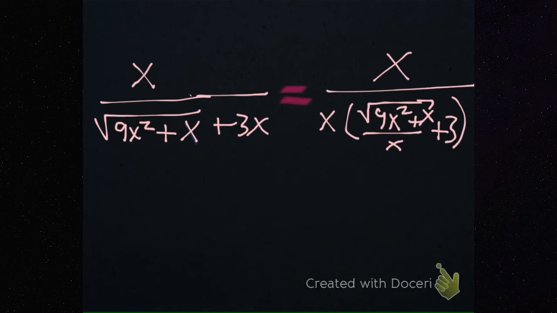What happened? I went and I pulled an x out of that denominator. Notice, if you distribute in there, do you get the same thing? Because the x's are going to reduce in this first term, and then that x is going to go to the 3.